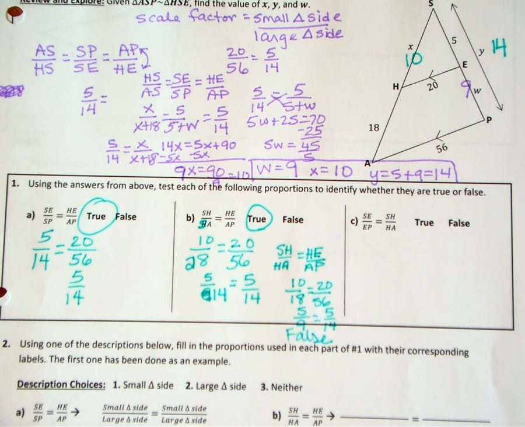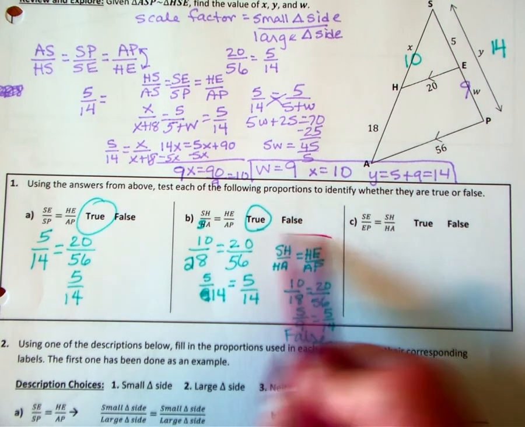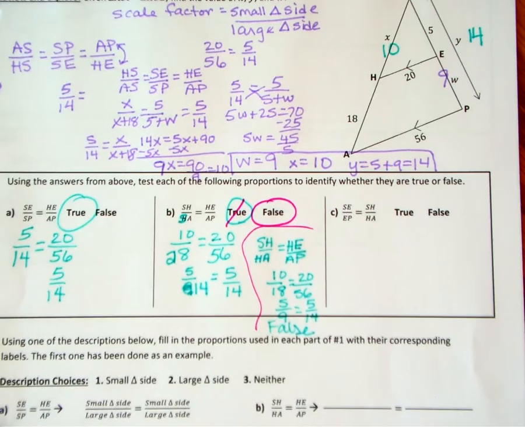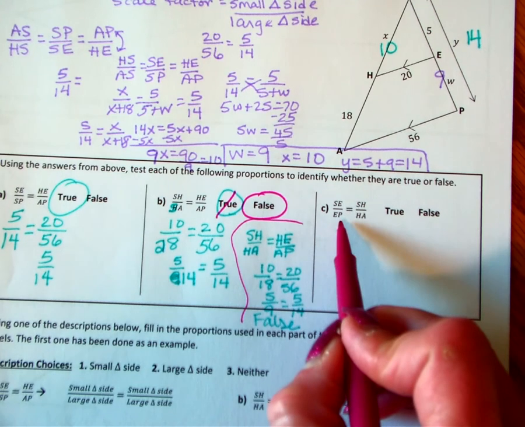Okay. And the last one we're looking at, SE. I do think we want to actually look at this one. So that's going to be false because we're leading into something else here. Okay. So SE over EP.